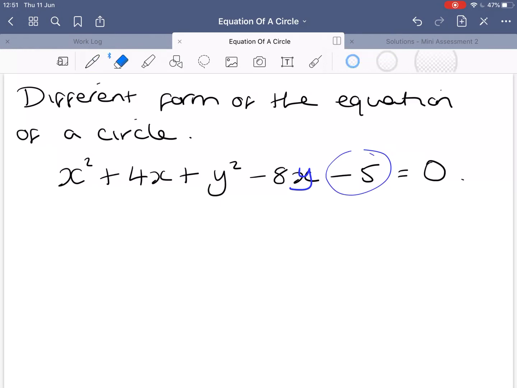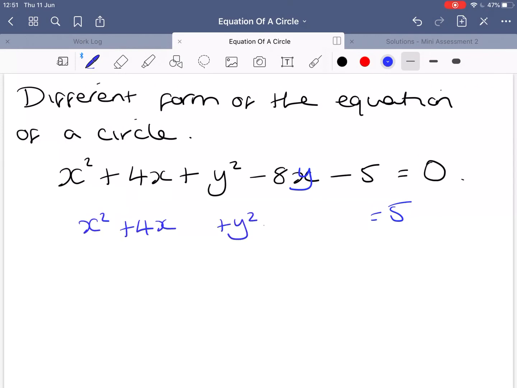What you could do is take that minus 5 over and say equals 5, but it's still not in the correct form to tell me what the radius is. And it doesn't tell me what the centre is, because this is not x minus a all squared. And now we've got to think back to something that we did a few weeks ago, and we have to complete the square.